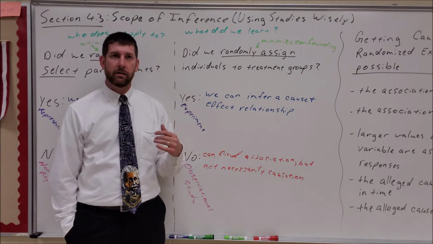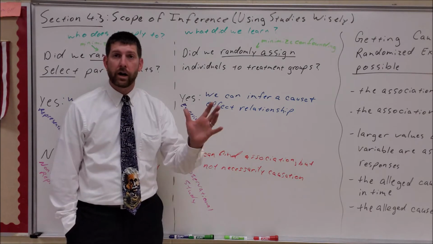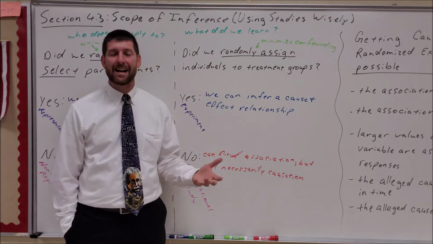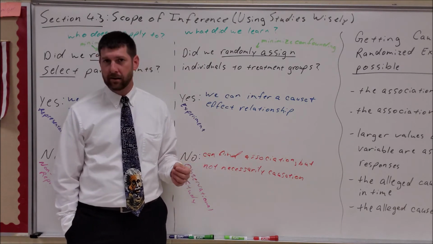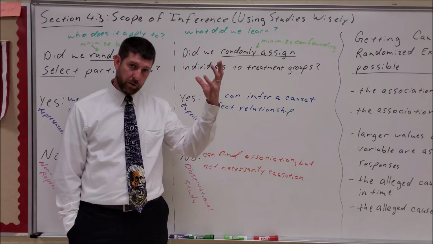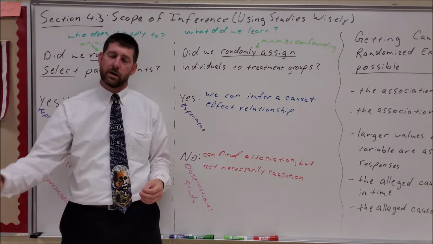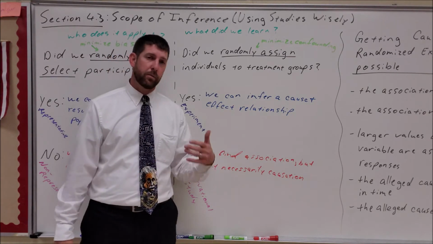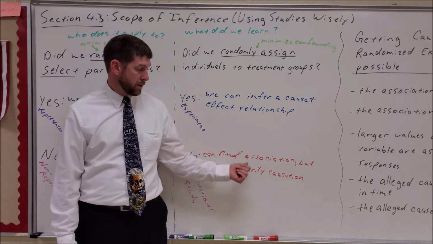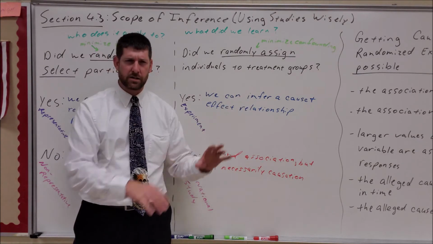So if I'm talking about eye color versus eyesight, whether or not you wear glasses, I can't assign people different eye colors and then test their eyesight, right? I have to just go with the people that have a certain eye color and measure their eyesight and go with other people that have another color and measure their eyesight. It's observational. I might see that people with darker eyes are more likely to wear glasses. There's an association there. That's just based on a study I had students do a few years ago.